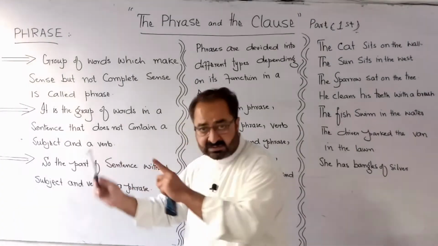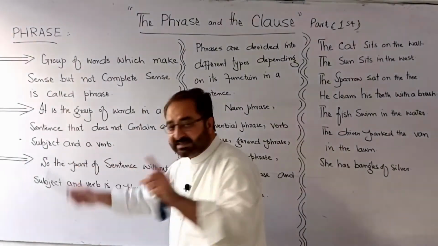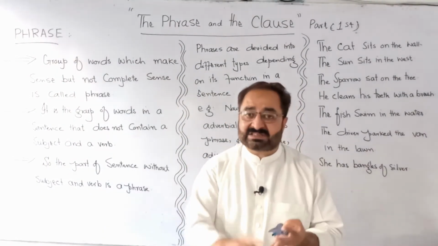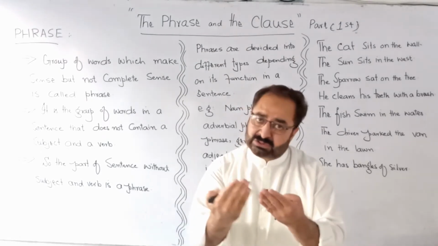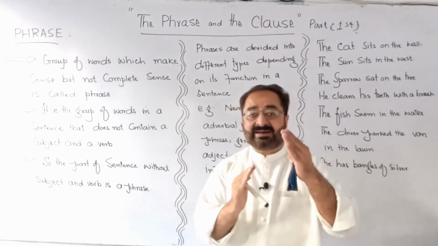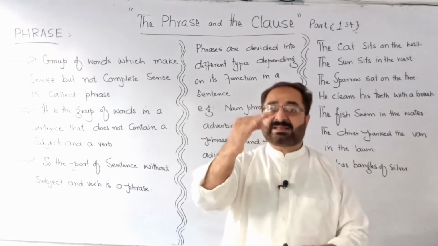This is the group of words which doesn't contain what? Two things, a subject and a verb. If in a sentence there are some words altogether, it is a group of words, so these words are together in a process, and they are able to give us a meaning, but its meaning is incomplete.